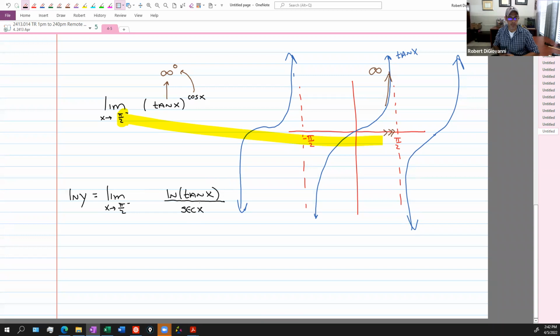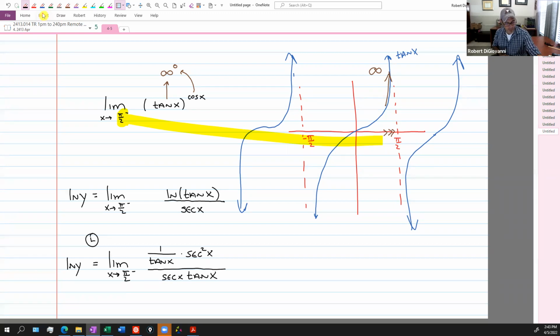Okay, L'Hopital. So when I do L'Hopital, limit of natural log y, x goes to pi over 2 from the left. Derivative of the top is 1 over tan x times secant squared x, and then over the derivative of secant x, which is secant x tangent x.